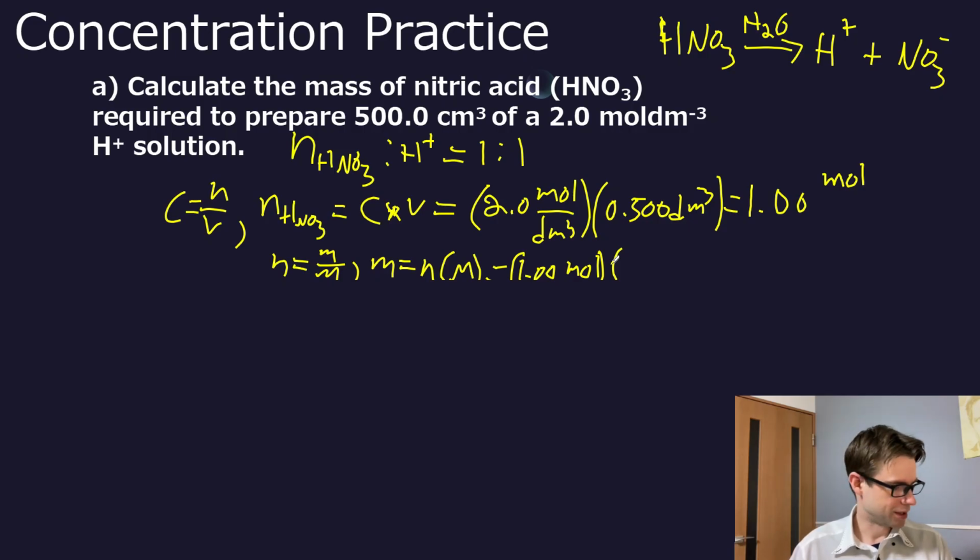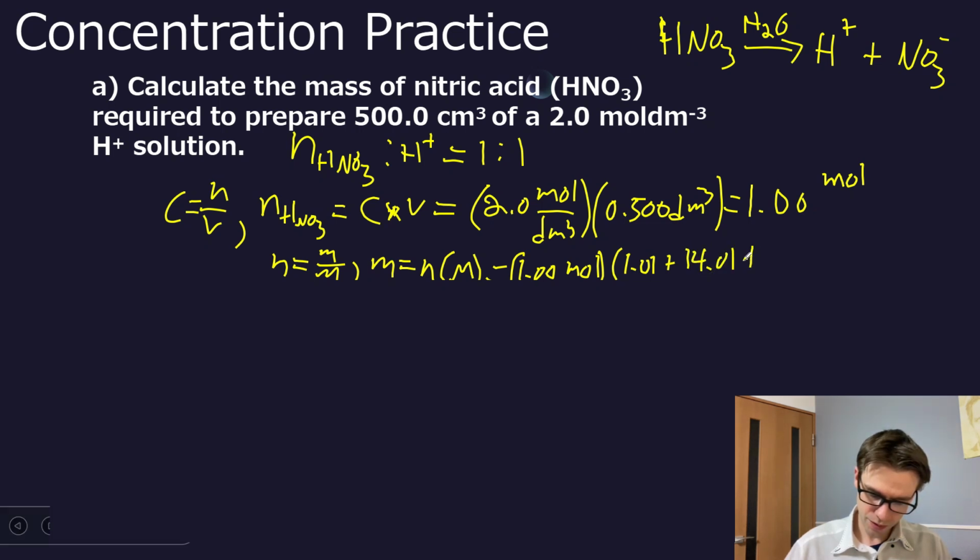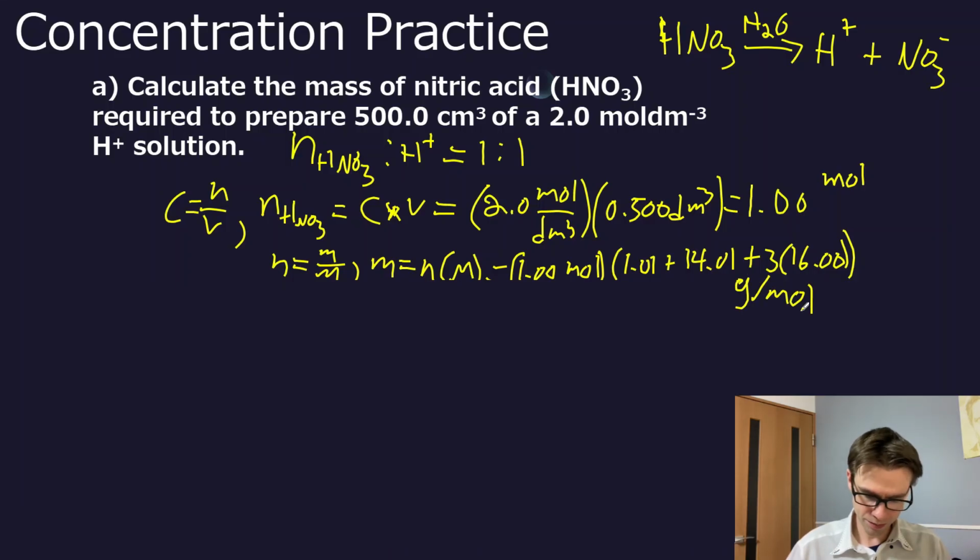And then what is the molar mass of HNO3? That's going to be 1.01 for the hydrogen. How about nitrogen? That's 14.01. And then 3 oxygens, 3 times 16. And reminder, all of these have units of grams per mole.